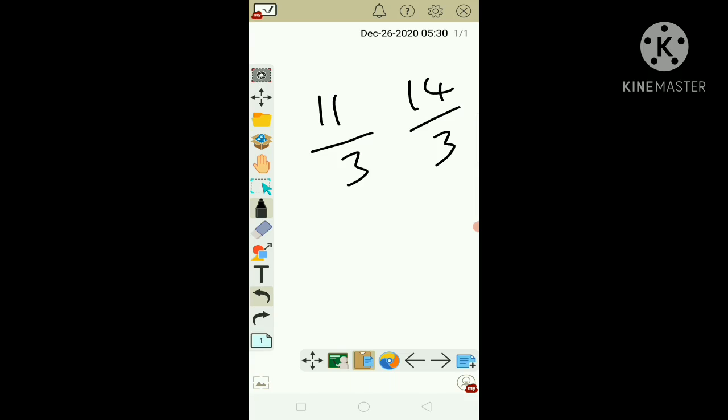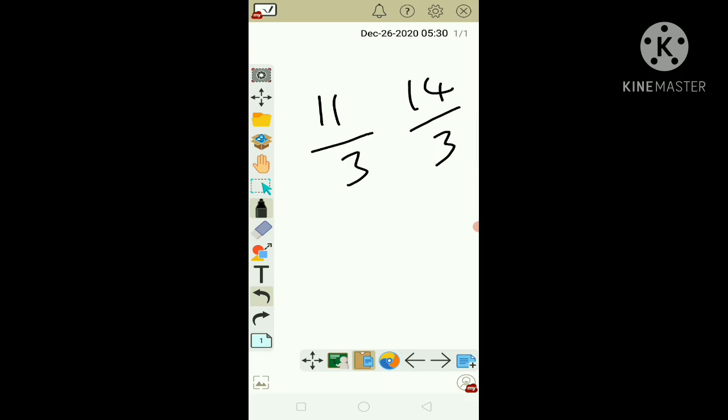First you have to find out which kind of fraction it is. You know the types of fractions. Here the denominator is the same. Fractions that have the same denominator are called like fractions. I find it's a like fraction.